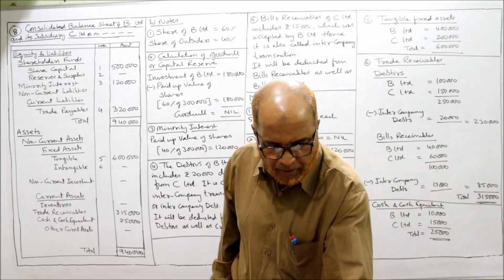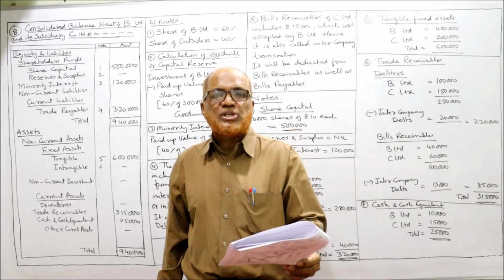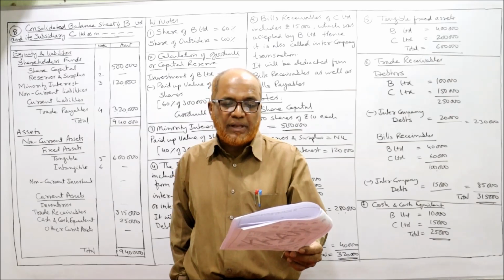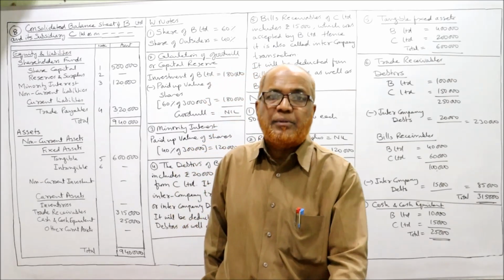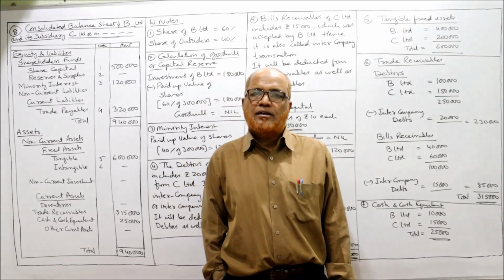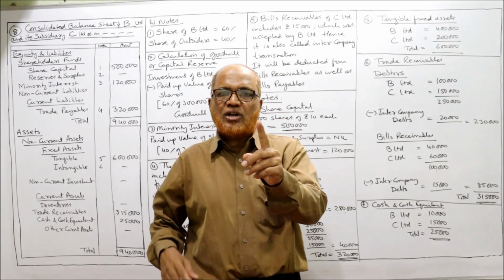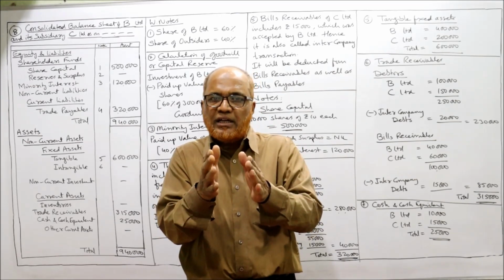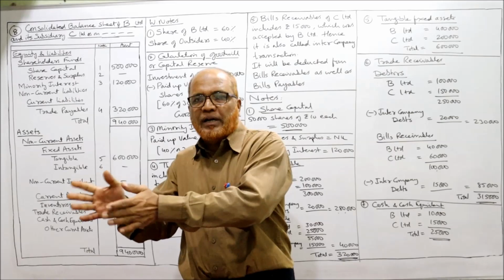Next, one more point is there. Out of the bills possessed by C Limited, bills worth rupees 15,000 are bills accepted by B Limited. One more intercompany transaction. First intercompany transaction, debtors, creditors. We deduct 20,000 rupees from debtors, we deduct 20,000 from creditors.